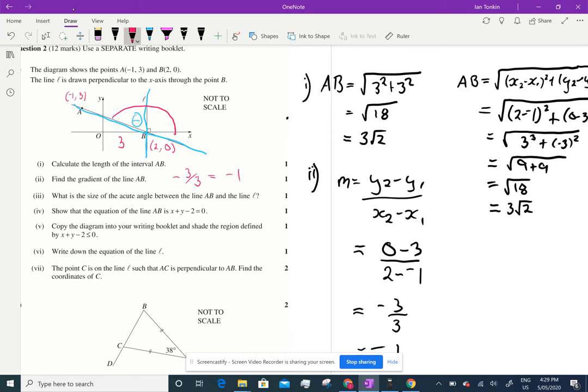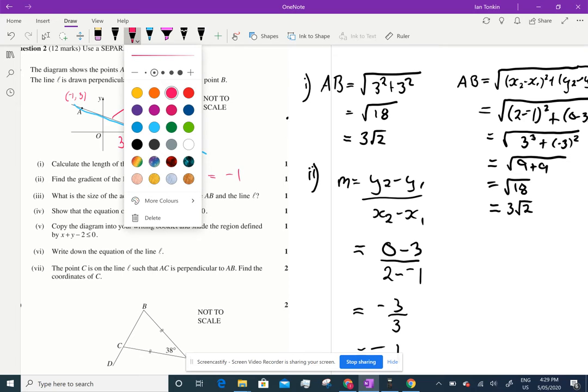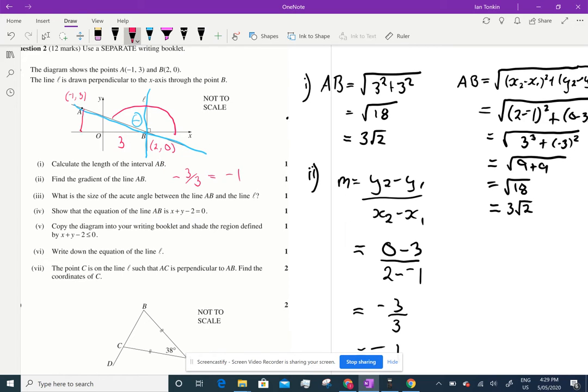I could go, well, this is an isosceles triangle, 3 and 3, although it doesn't look like it. Therefore, this angle, because that's 90 degrees, must be 45. Therefore, that's 90, so this angle must also be 45 degrees. But I'm going to use the tan bit.